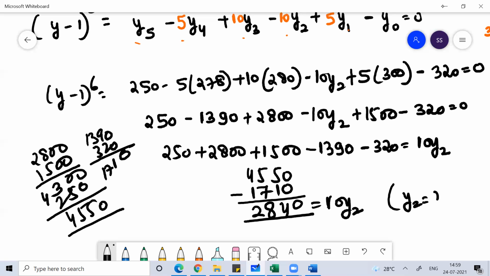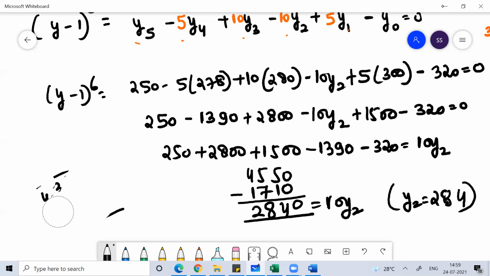Y2 is equal to 284. Clear everyone? Anyone any doubt? The value of y2 that you will get is 284.